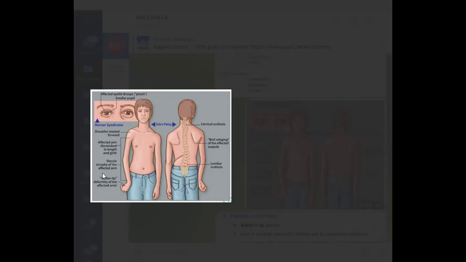There is loss of elbow flexion; the elbow cannot be flexed and just hangs by the side, because of paralysis of biceps, brachialis, and brachioradialis muscles. There is loss of forearm supination because of biceps paralysis. All of these are a result of Erb's palsy.